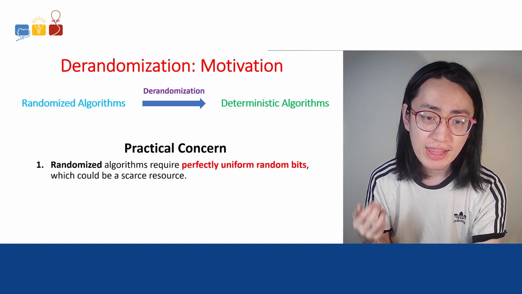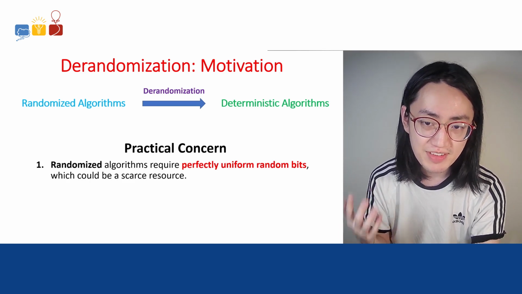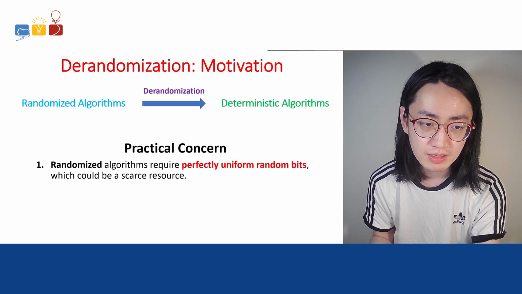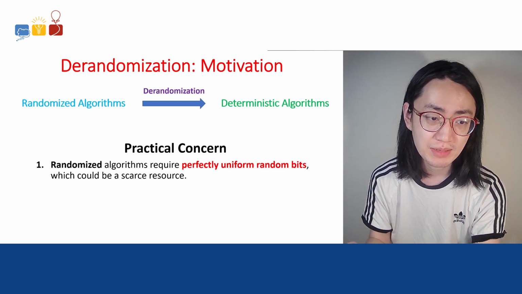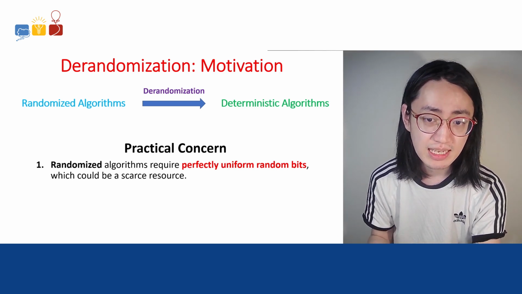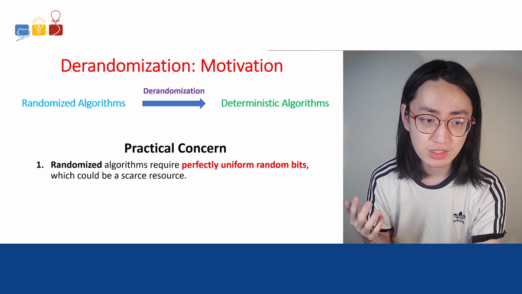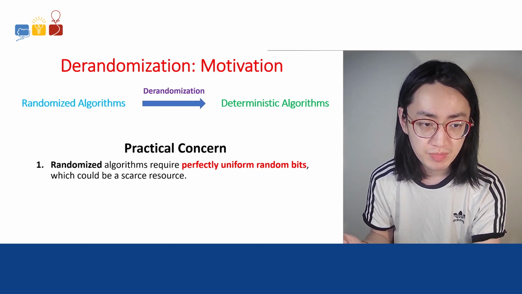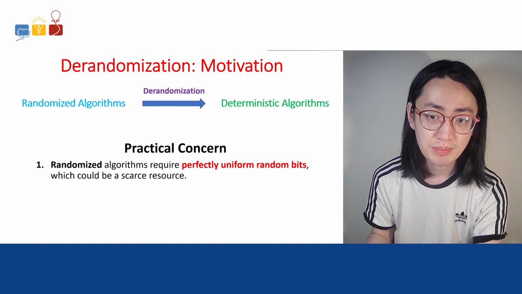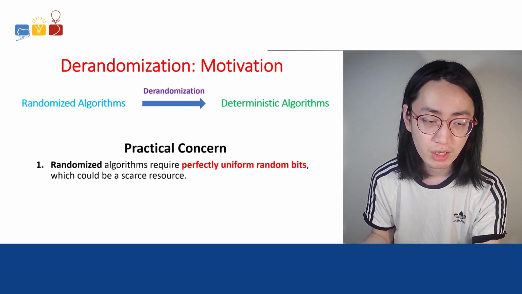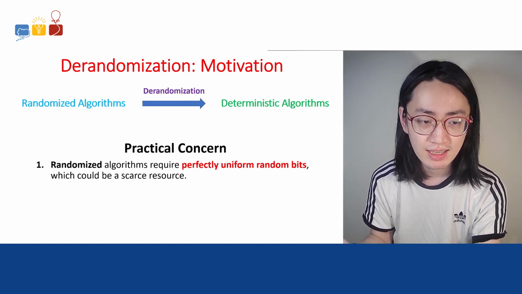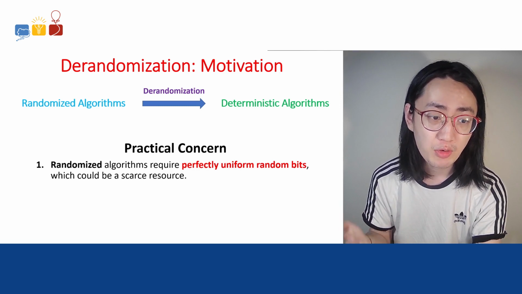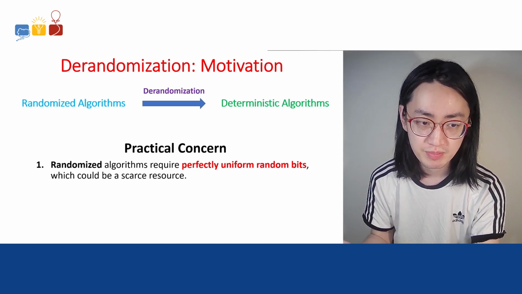We know that randomized algorithms require perfectly uniform random bits to treat them as coin tosses. This sometimes could be a scarce resource because maybe you don't have access to those perfectly random bits. Your random bits could be biased, and in that case, your algorithm may not behave correctly. That will be an issue.